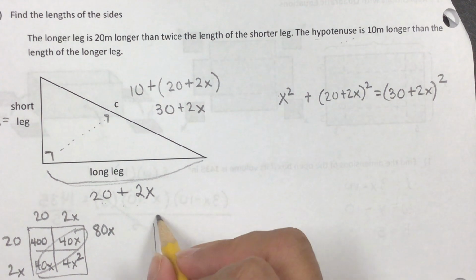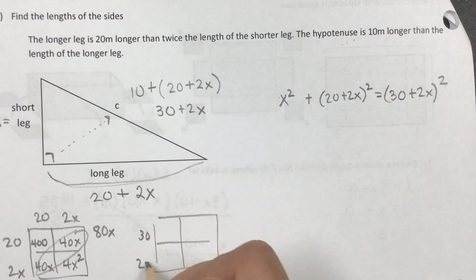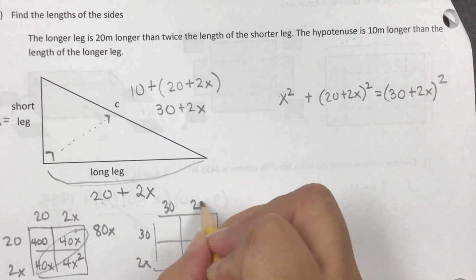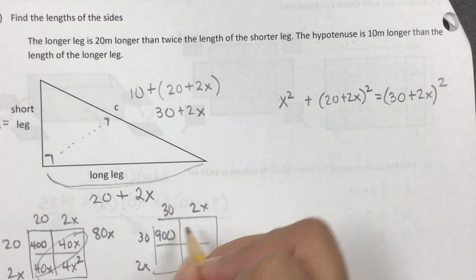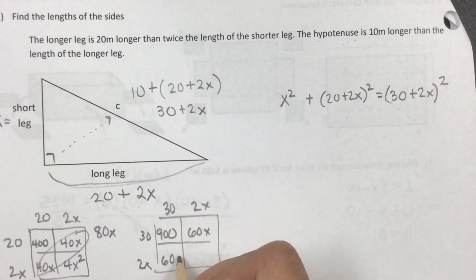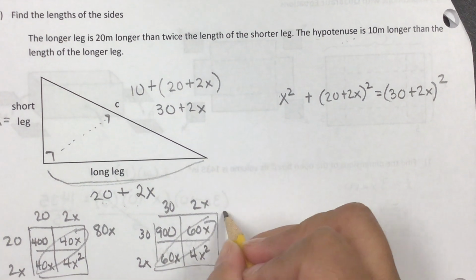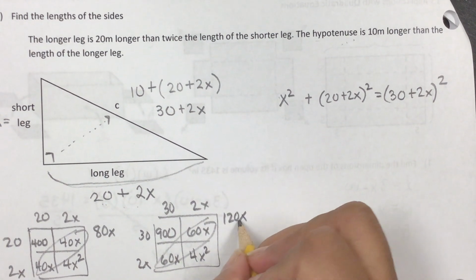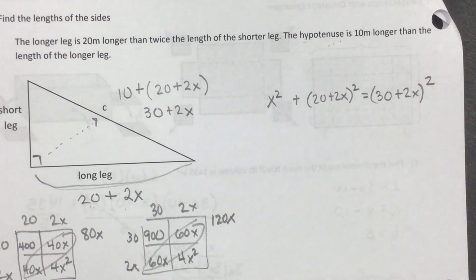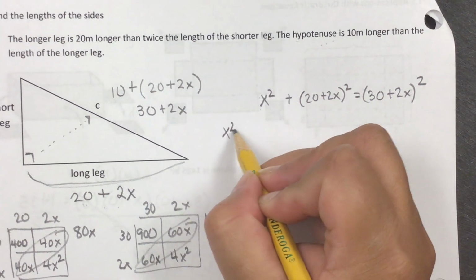And then the other one on the other side, 30 plus 2x times 30 plus 2x: 900, 60x, 60x, 4x squared. When you add those two together, 120x. So this can be rewritten. Don't forget that x squared right here for this one.